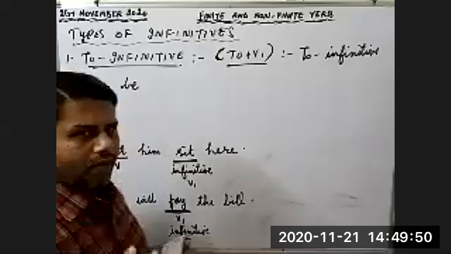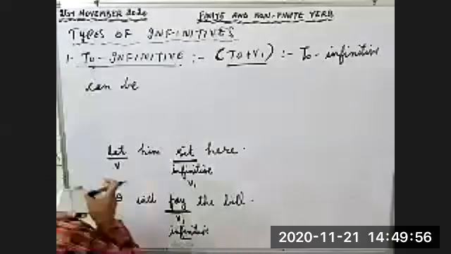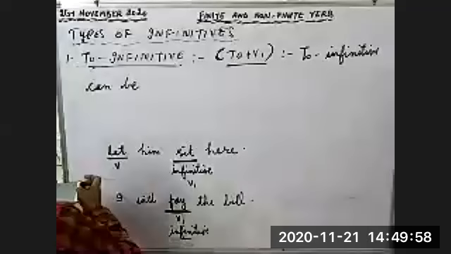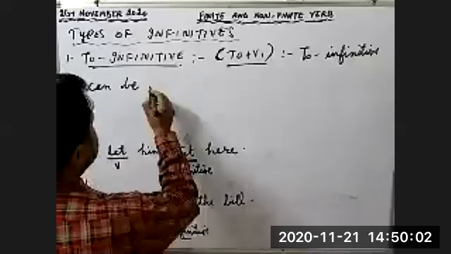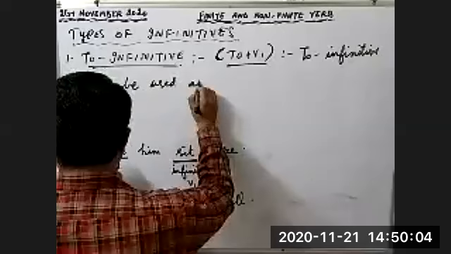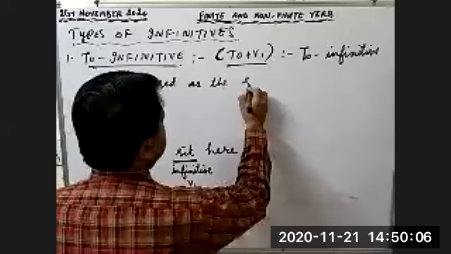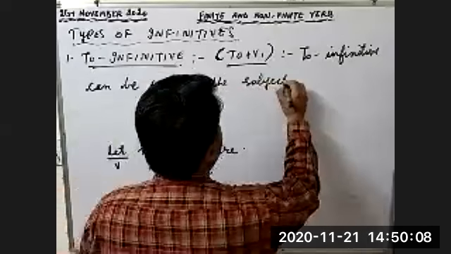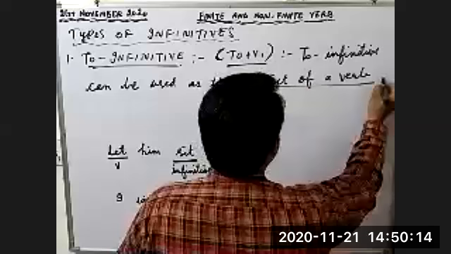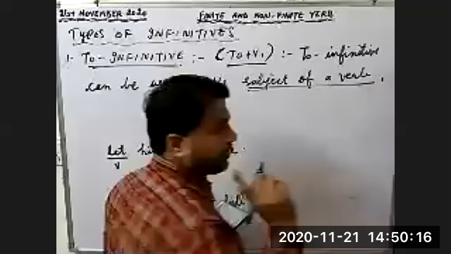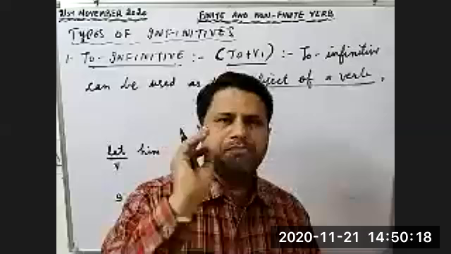Now we are looking at the uses where these verbs are used. To infinitive can be used as the subject of a verb. This is the first use of to infinitive. It will be used as subject of the verb.